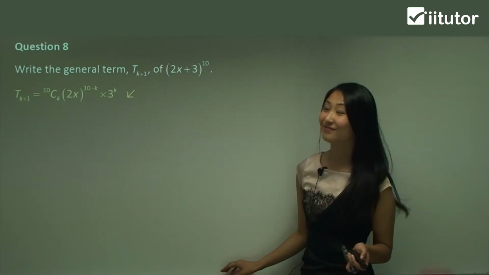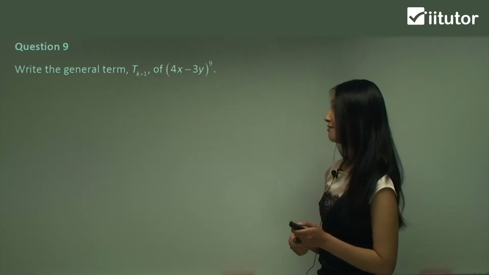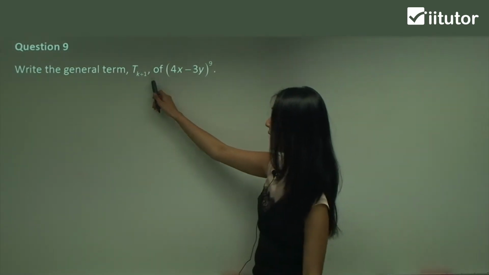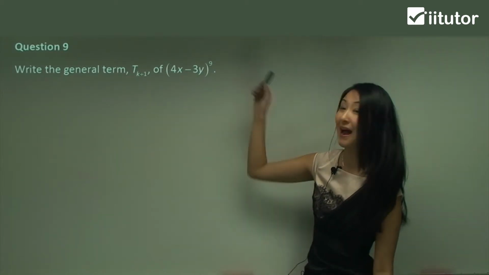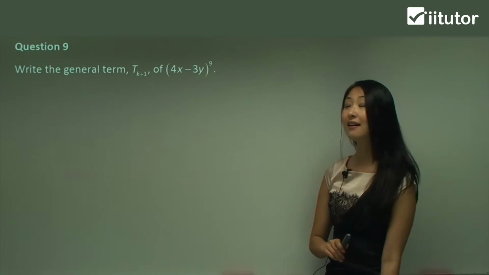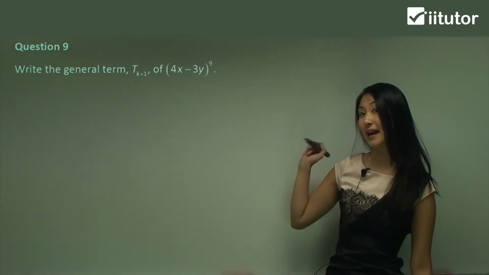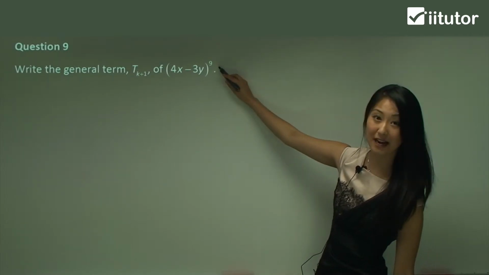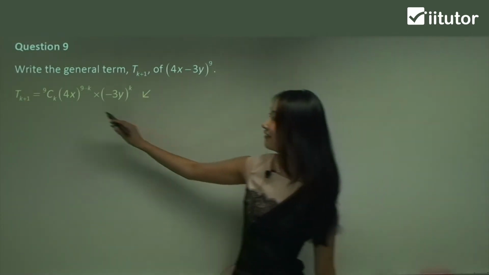Alright, good. Let's move on to question 9. Here I want you to try to write the general term T_{k+1} for (4x - 3y) to the power of 9. Have a go first before I show you the answer. We know it starts off with T_{k+1} equals 9Ck.